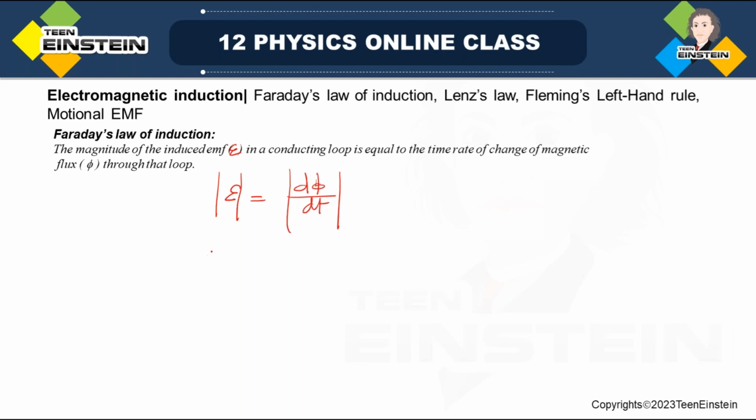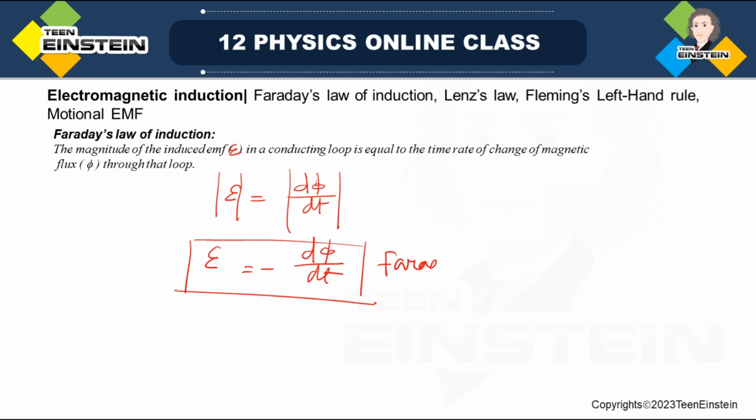Actually, Faraday's law of induction is written as E is equal to minus d phi by dt. This is the complete law, known as Faraday's law of induction, or electromagnetic induction.